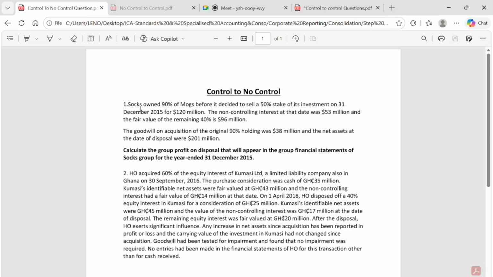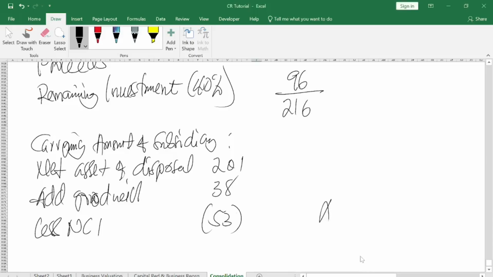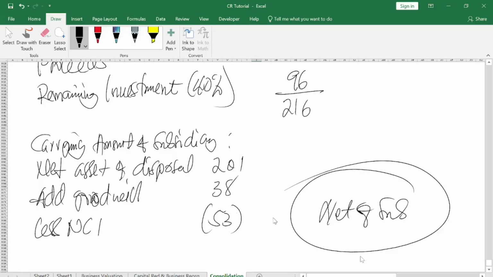And then the 90% asset you acquired in the mall, the original value, the fair value of that asset. Do you remember? You remember what you call it? Net asset of subsidiary. You remember it? Yes, sir.